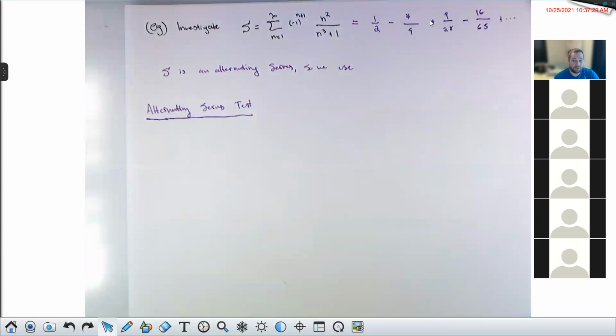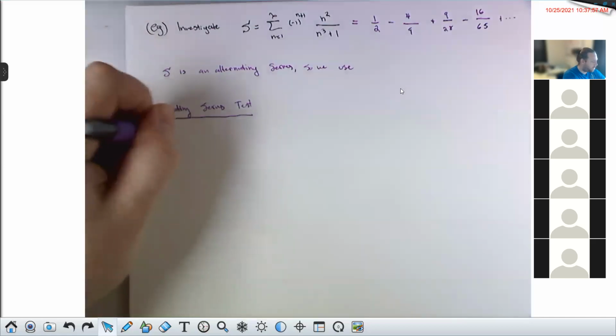That can help me guess at my limit if I think that limit's going to be tough, and sometimes having a guess can really help. It can also help you see things that are somewhat disguised. Like, some of the series we've looked at happen to be geometric, even though they were also alternating. And it's easier to work with the theorem on geometric series than it is the alternating series test. So yes, you can look at this right away and see that it's alternating, but I still like writing out a few terms.